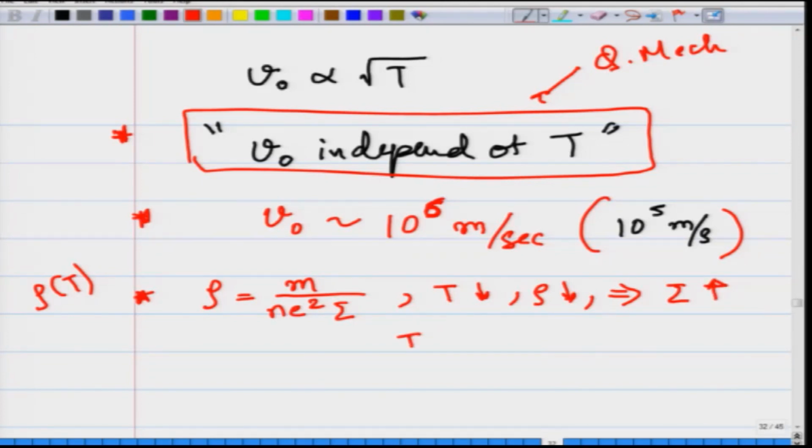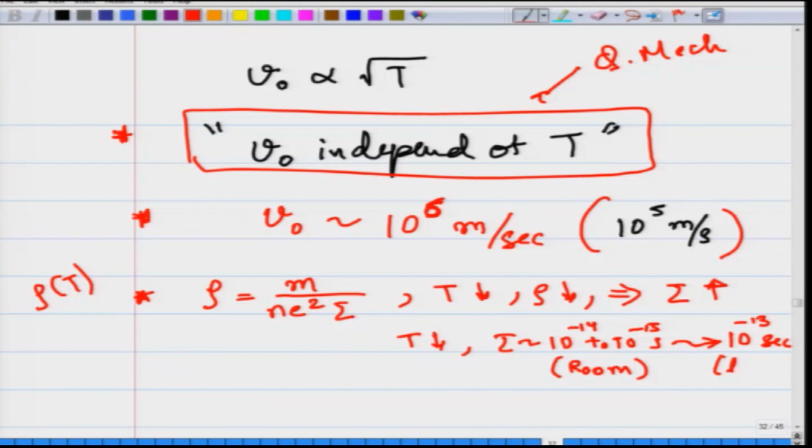So, with lowering of temperature, tau, which is roughly 10 raised to minus 14 to 10 raised to minus 15 seconds at room temperature, increases to around 10 raised to minus 13 seconds at low temperature, because the resistance is changing as a function of temperature. The resistance goes down, which means tau increases.